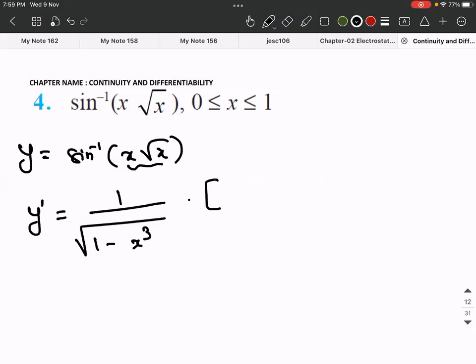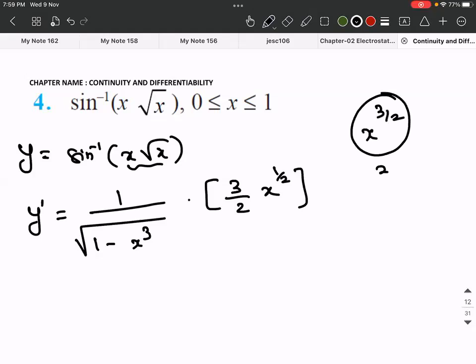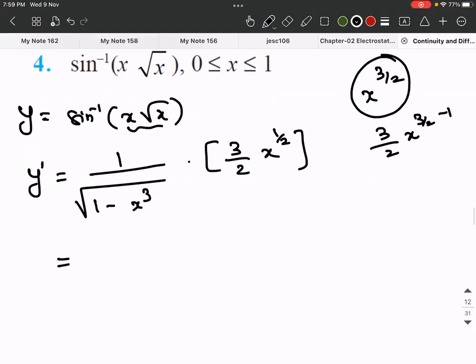Because x into root x is x power 3 by 2, the derivative of x power 3 by 2 is 3 by 2 into x power 3 by 2 minus 1. So this will be 3 by 2 into root x divided by root of 1 minus x cube. That's the answer.